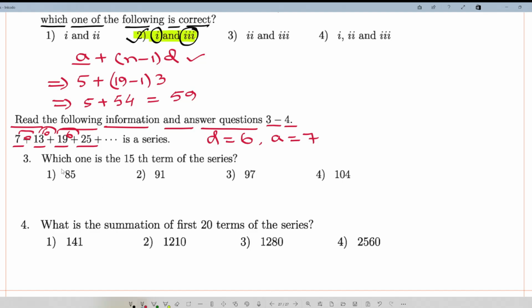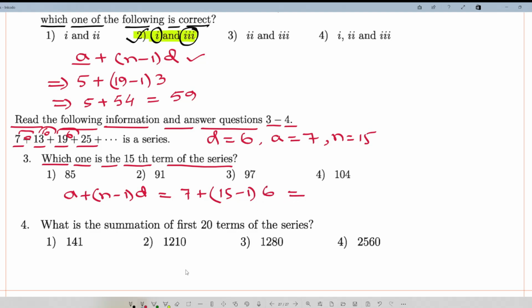So our question is, what is the 15th term of the series? We know a plus n minus 1 times d. A is 7 plus n, here n is 15, so 15 minus 1, and d, the difference, is 6.